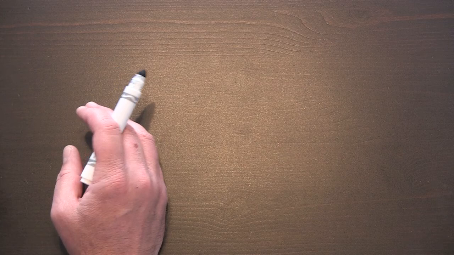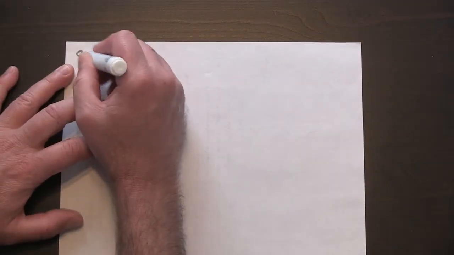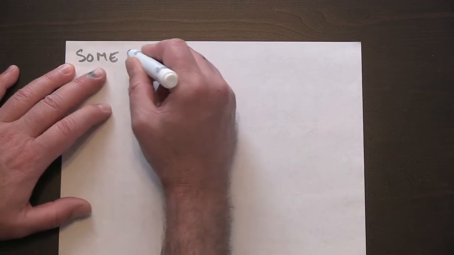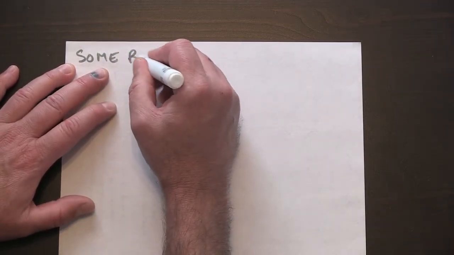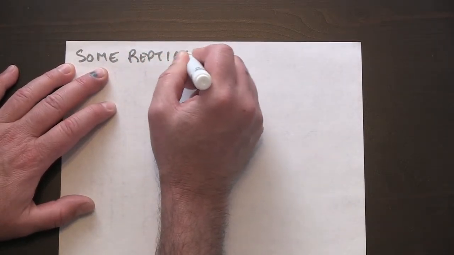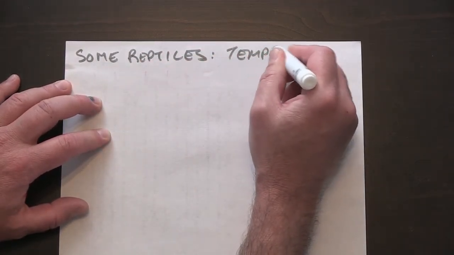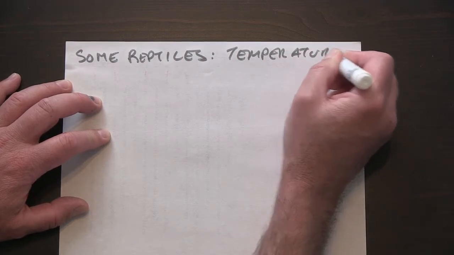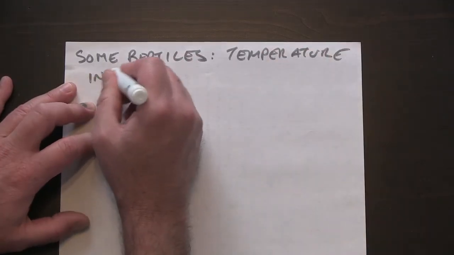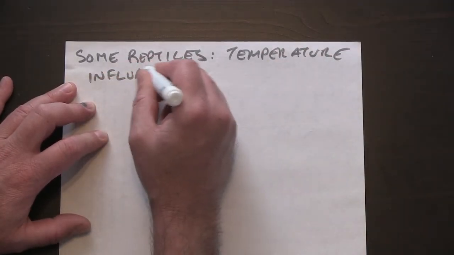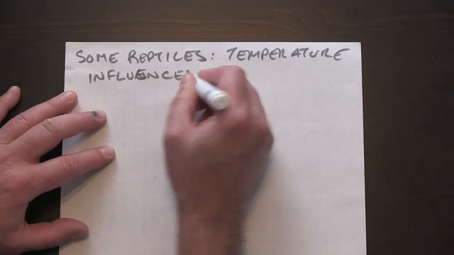In some species, like some reptiles, crocodiles, I think snakes, the temperature can affect the sex of the offspring.